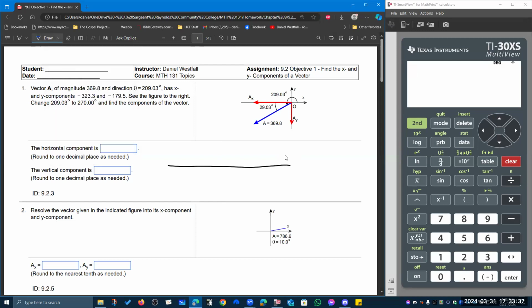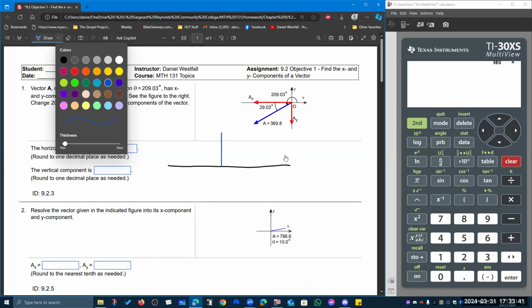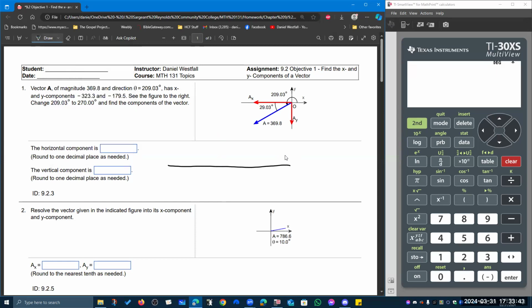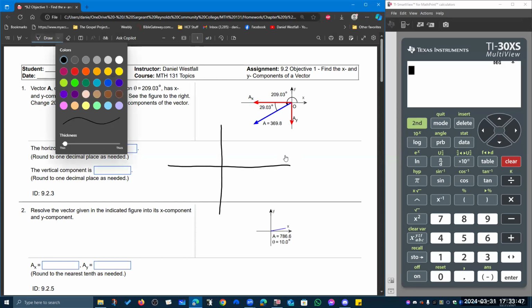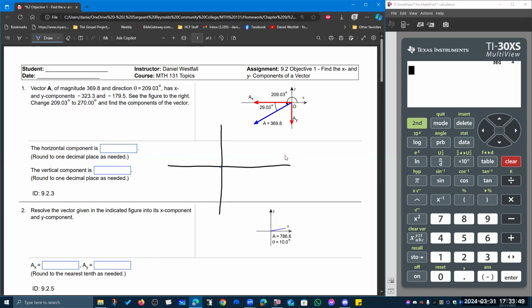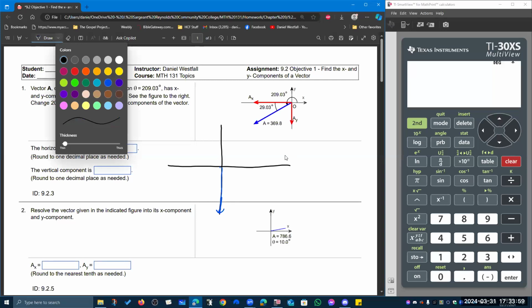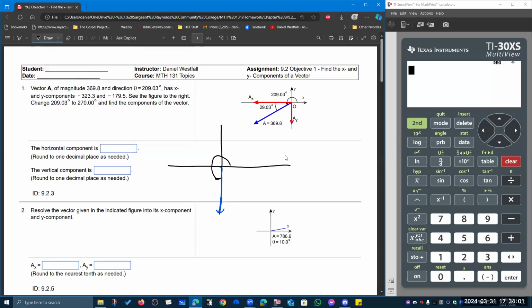So 270 degrees is going to be here on the negative y-axis, and that's going to give me an angle here of theta equals 270 degrees.